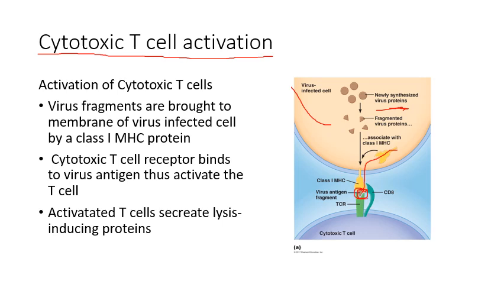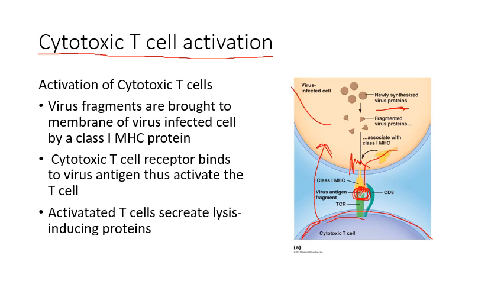This tells the T cell, hey, this cell is infected with a foreign antigen. And the cytotoxic T cells, these are the frontline forces. These are the ones that are actually going to induce lysing of the infected cell.